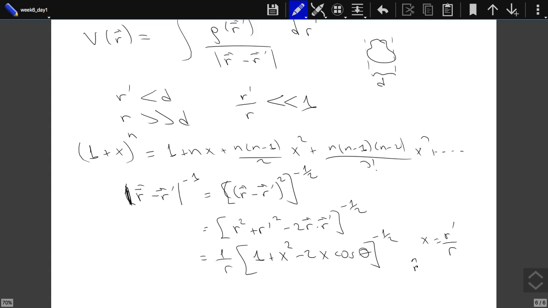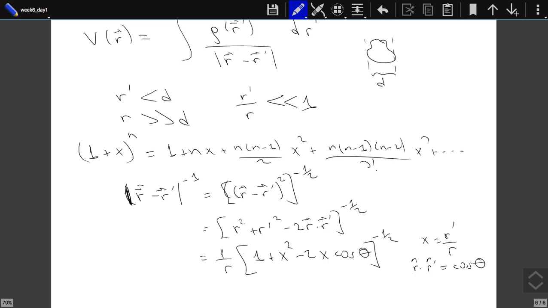And r hat dot r prime hat is equal to cosine theta. Theta is the angle between r and r prime. Or you can say that you can choose your z-axis to be pointing in the direction of the r vector. So theta is the theta coordinate of the r prime vector in the integral. So you are integrating over this theta in the integral.